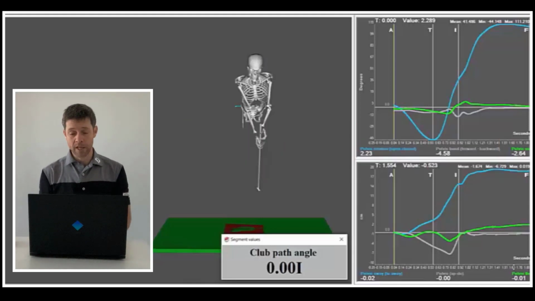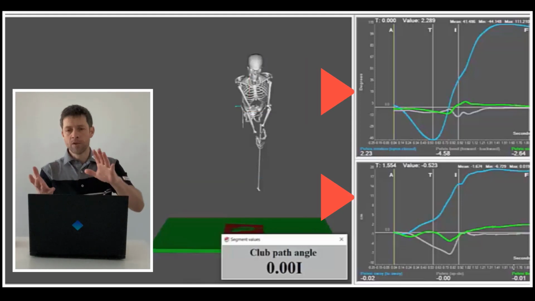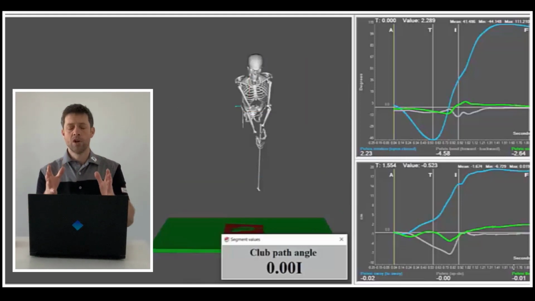So as you'll see here on screen, we have two windows on the right hand side, as shown by the arrows. The top window is the orientation, the three-dimensional rotation of the pelvis in the swing. And the real plot of interest for this tutorial is the blue plot, which is the pure rotation of that pelvis as it rotates in the swing.